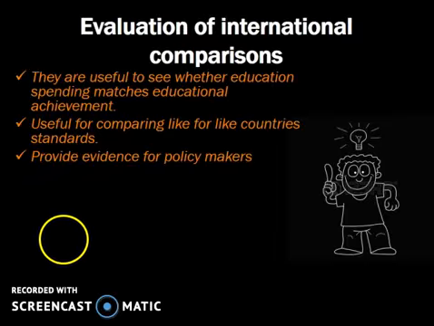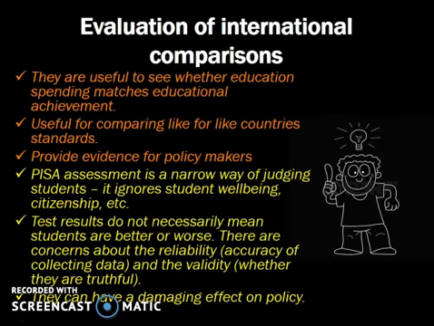But the problem that arises is that it's a very narrow way of judging students. It is just based on academic achievement. It ignores student well-being, citizenship, whether they're just generally, are we creating well-rounded individuals? Test results do not necessarily mean students are better or worse.